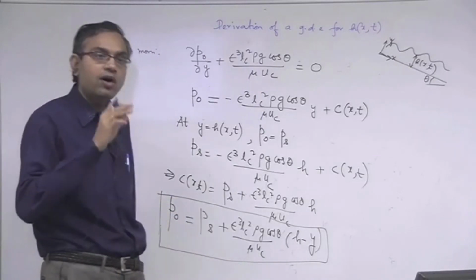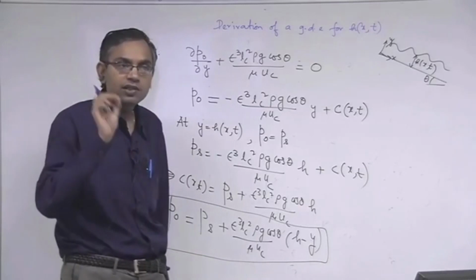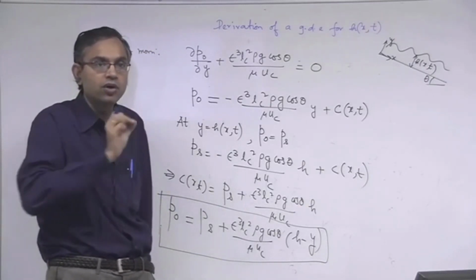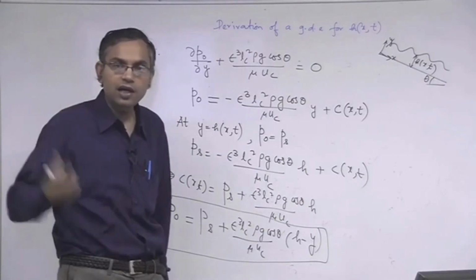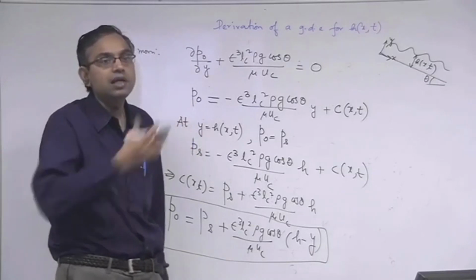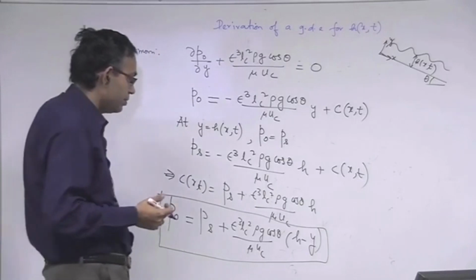I will retain all the terms including the excess pressure, although for simplicity, when we demonstrate a problem in the class, I will work out a problem which I can do analytically on the board without much calculation. But the formulation I give will be pretty general, and you can take it up for solving many complicated problems.